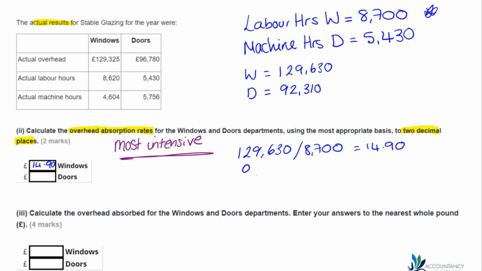And for doors, we will do the same calculation, except we're going to use the machine hours as our most intensive to give us £17. And remember to put in the 2 zeros after the decimal point because we are working to 2 decimal places.